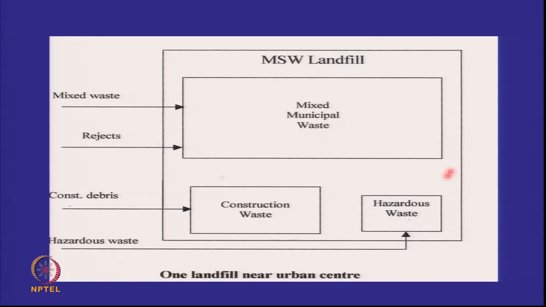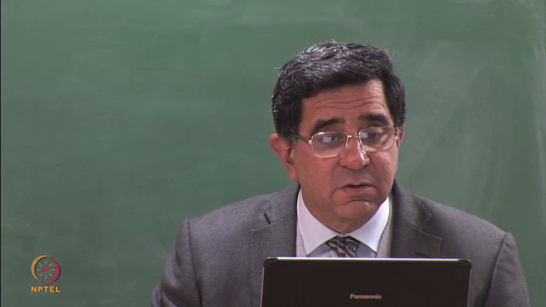Now, the advantage of this is if you put them in one place, then the infrastructure facilities required are only one. For example, you will have an entrance and a weigh bridge. If these are in three separate locations, then for each location you will have to have a weigh bridge and an environmental monitoring facility.